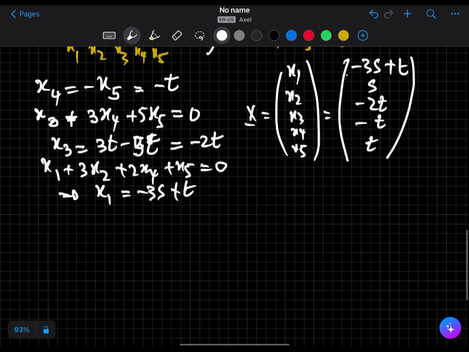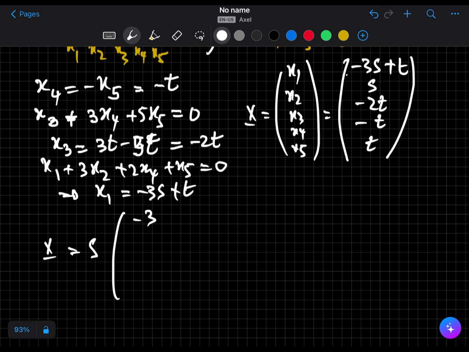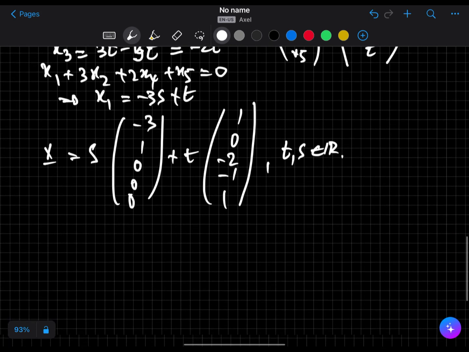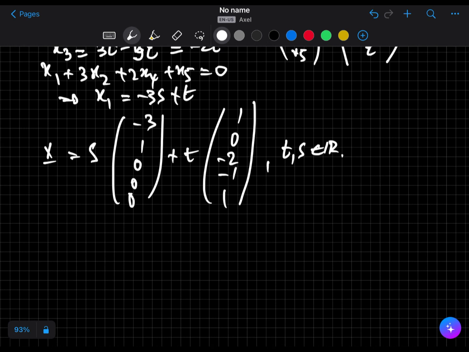Then I can write it in terms of s and t, split as s times minus 3, 1, 0, 0, 0 plus t times 1, 0, minus 2, minus 1, 1, where t and s are real numbers. So this is my solution in the form of vectors. We can call this vector 1 and vector 2.